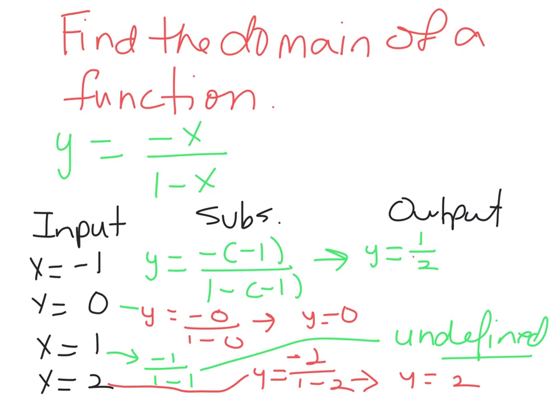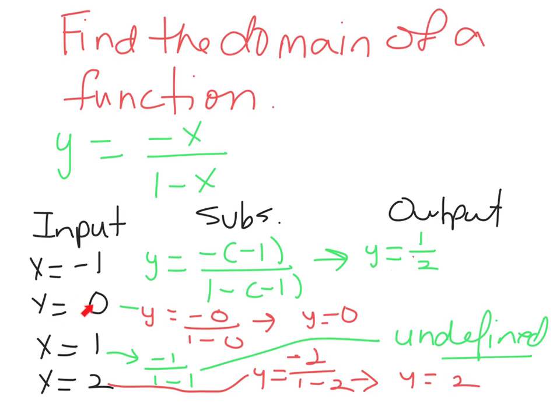When we substitute in the negative 1 here and here, then we would have negative times a negative, and 1 minus negative 1. Then y equals 1 over 2.